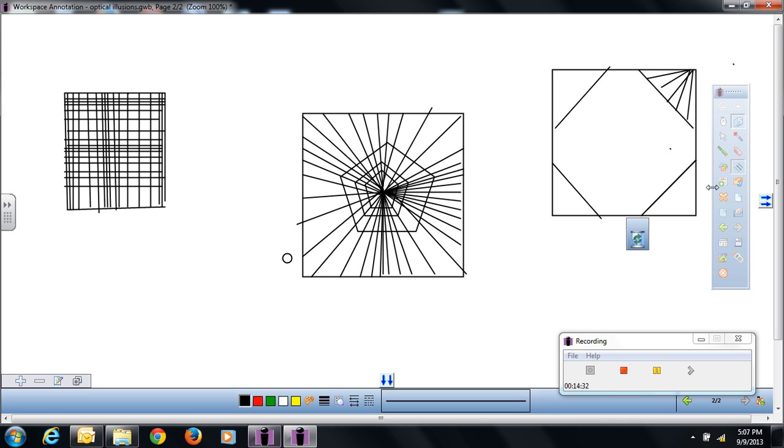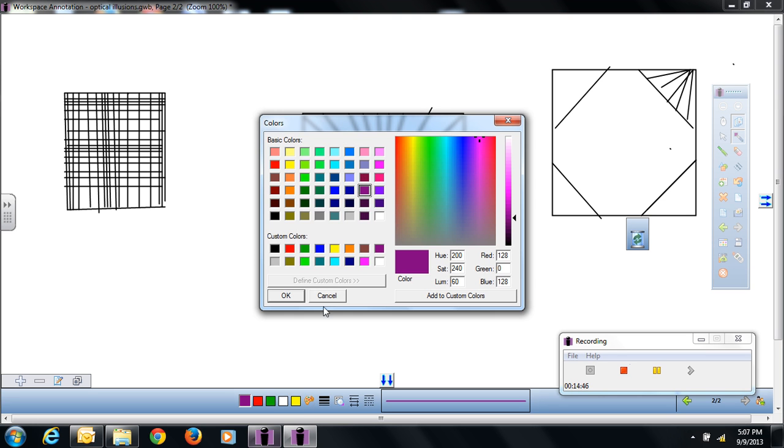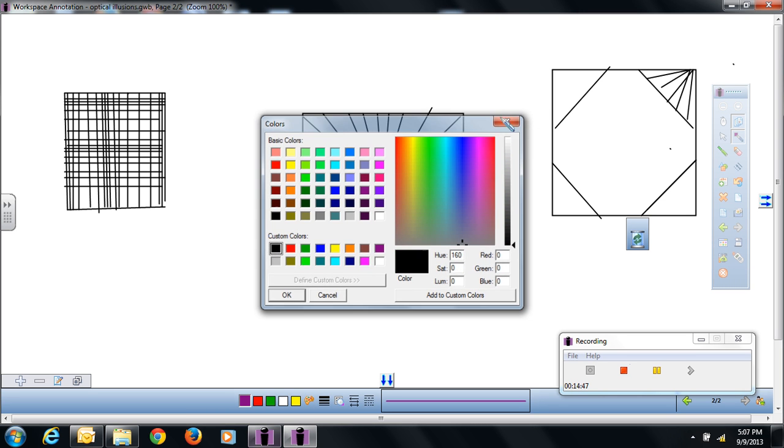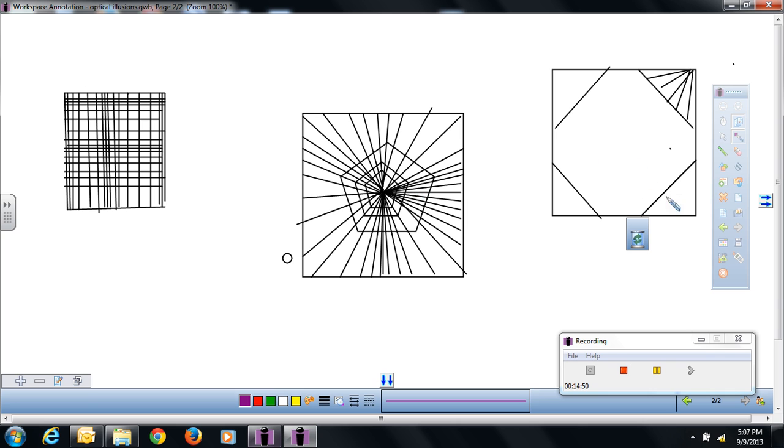Converging lines don't have to be straight. What if you did converging lines that were curved from the center, and you only went to the corners where you were doing some straight lines?